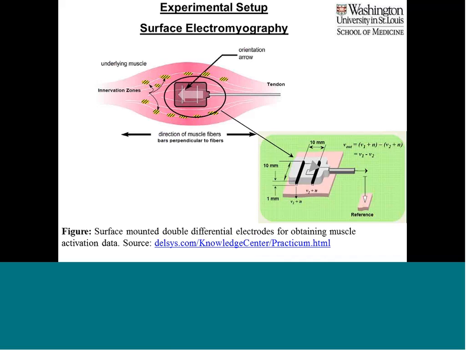If you want to learn more about these surface electromyography devices, which communicated wirelessly with the Adelphys MyMonitor system, you can go to their website and look at their practicum. So the company is Adelphys.